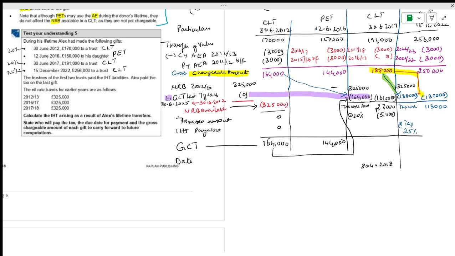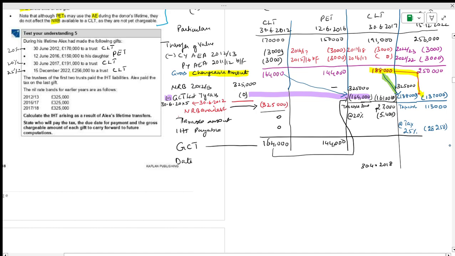Is it clear? Yes or no? Yes. 113, 25%, how much? 28,250. Is it right?